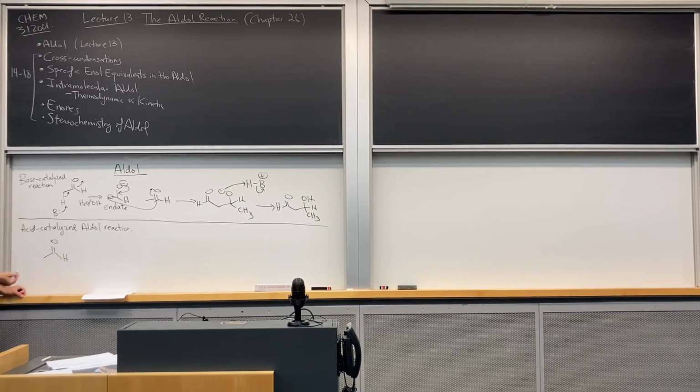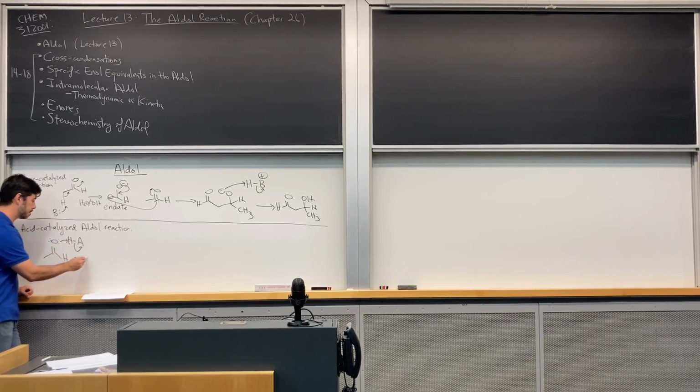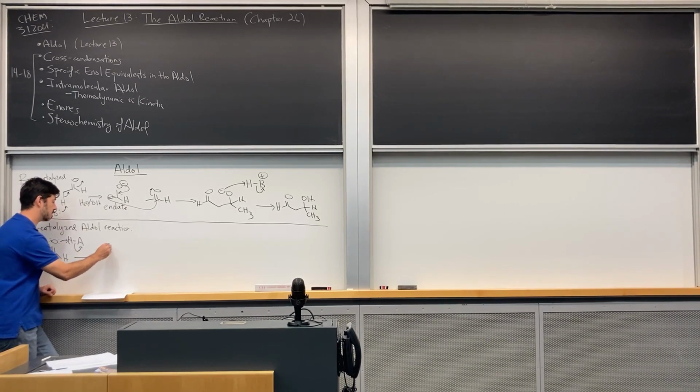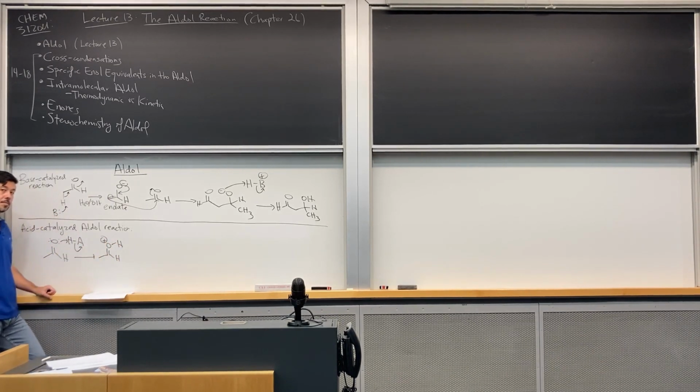So what you're going to do is you're not going to have base present, or at least a strong enough base to remove that acidic proton, but you're going to have an abundance of protons. So in this case, let's use a general Bronsted acid, and the electrons from the carbonyl will come pick up a proton to make this molecule a highly electrophilic, activated form.